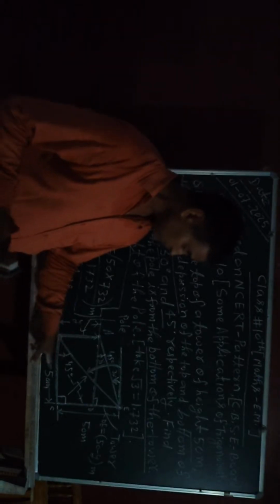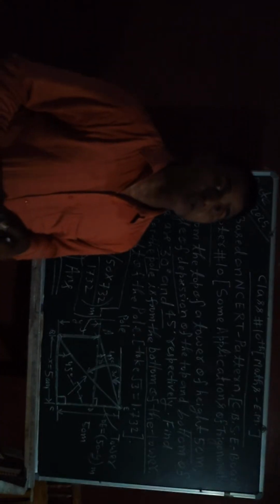After simplifying, I will get one equation in one variable, which is also a linear equation. I will put the value of x in equation number 1, and then I will get the value of y, and the value of y is the pole height, which is DA. Okay, student, in this way I have done the solution of the question.